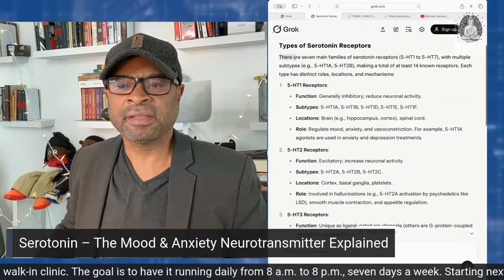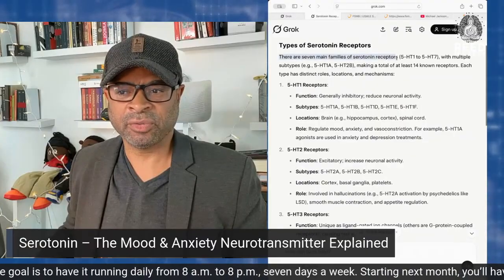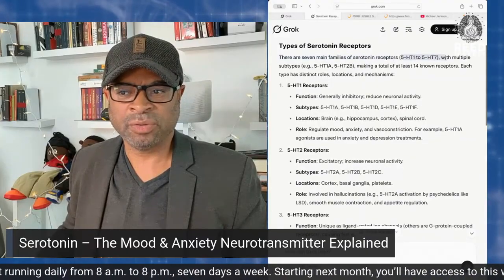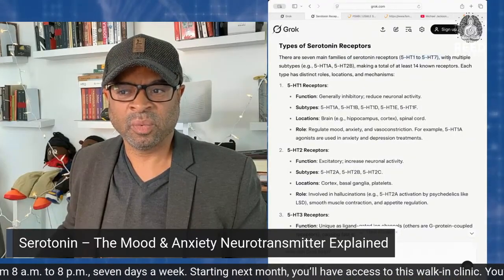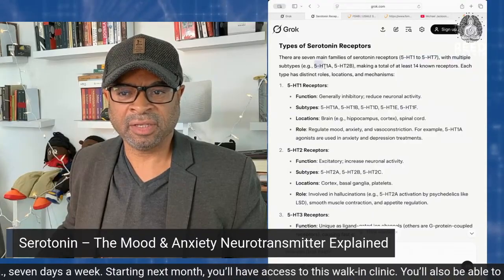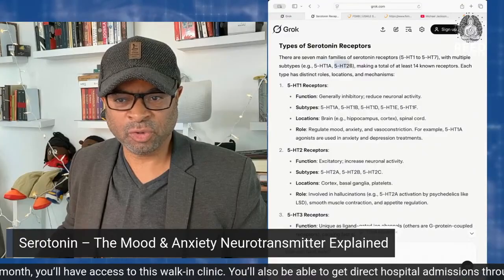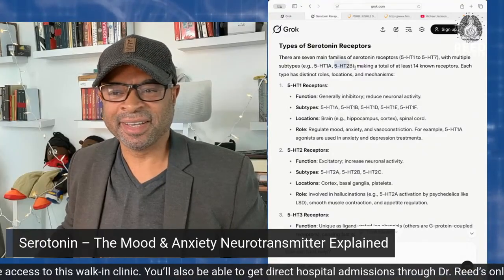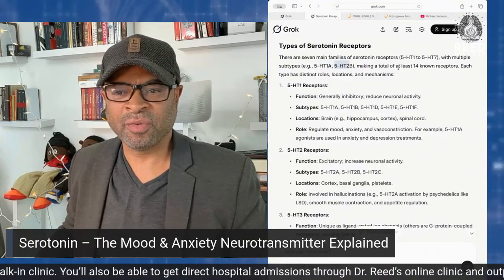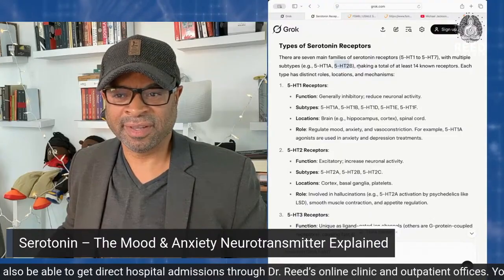There are 7 main families of serotonin receptors, 5-HT1 through 7, with multiple subtypes, like 5-HT1A and 5-HT2B, making at least a total of 14 known receptors.